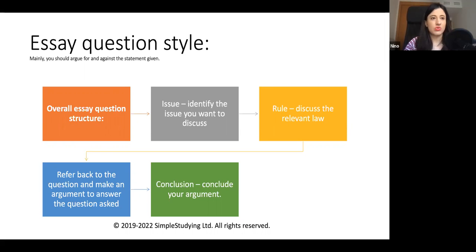You have to make sure that you make arguments on both sides. Many times it will be for and against the statement given, but it could be a little bit different as well. So you have to make sure that you have all possible arguments on both sides.